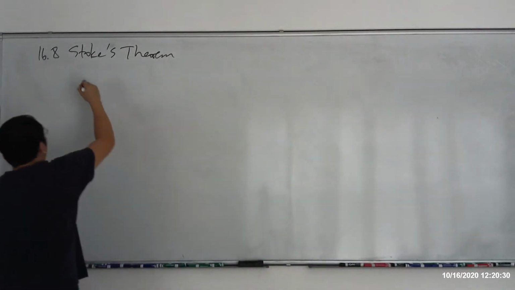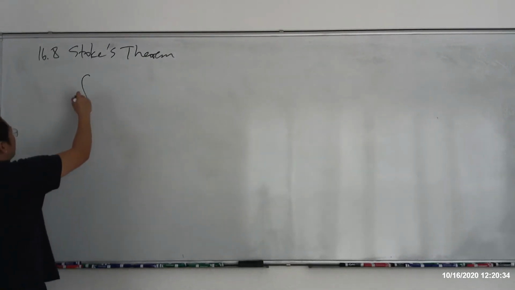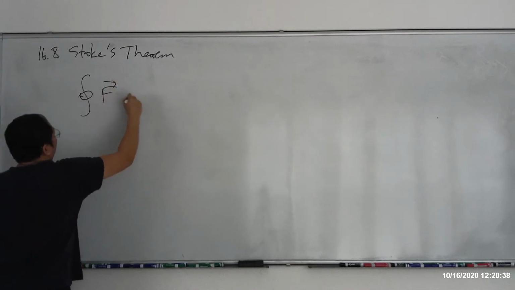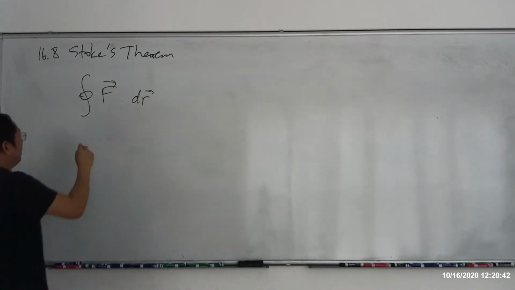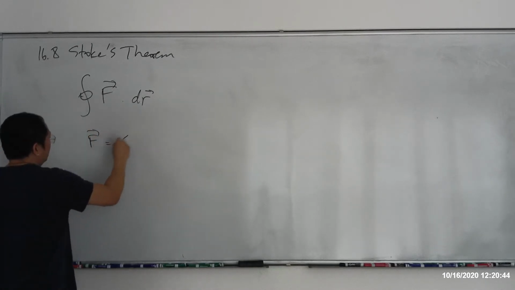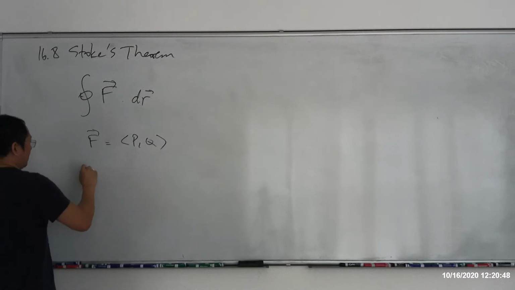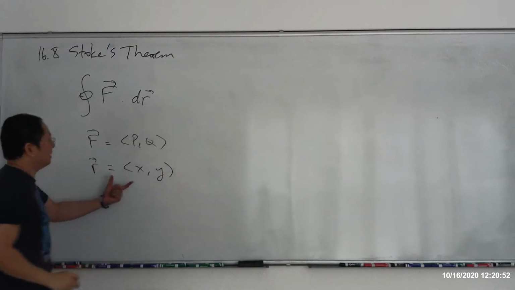Green's theorem says, if you want to calculate the line integral on a closed curve of F dot dr, I'll write in vector form, where F is (P, Q), just two-dimensional, and r is (x, y), so dr is (dx, dy).